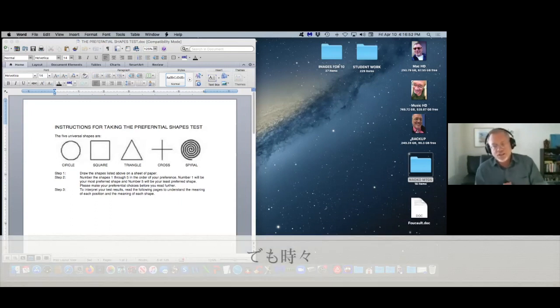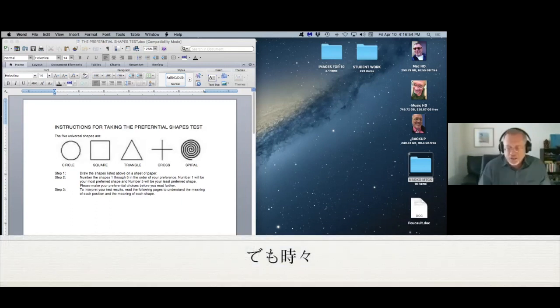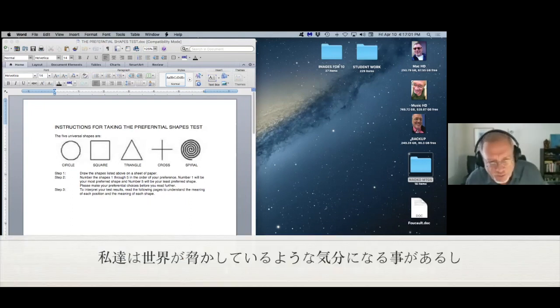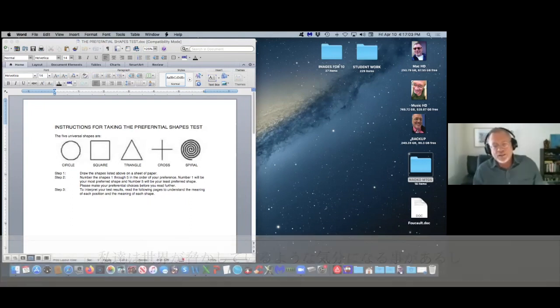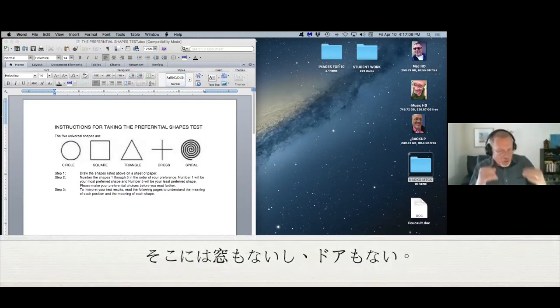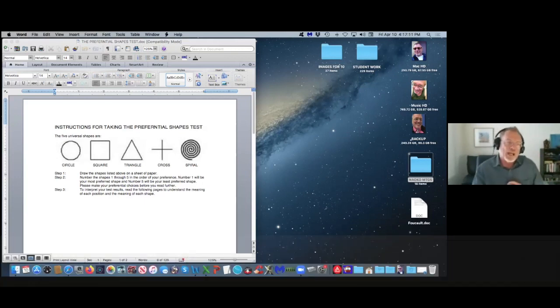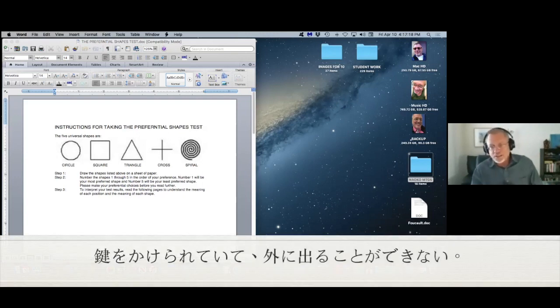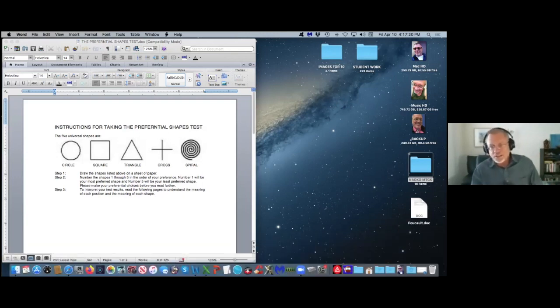But sometimes, because life is whatever it is, we can sometimes build our walls too thick. If we feel like the world is threatening or you live in a dangerous situation, you can put up walls and then there's no doors and there's no windows and you can't get out. And so sometimes the negative of the square can be like the prison, the sense of a prison. You're locked inside, you can't get out, right?